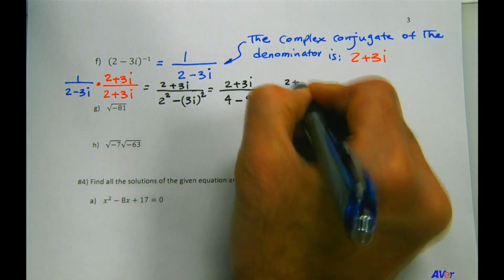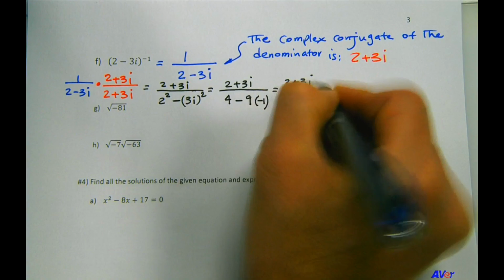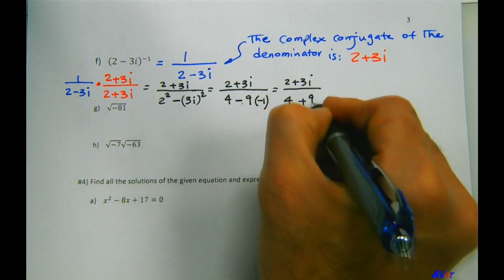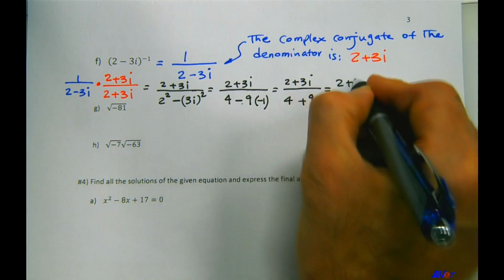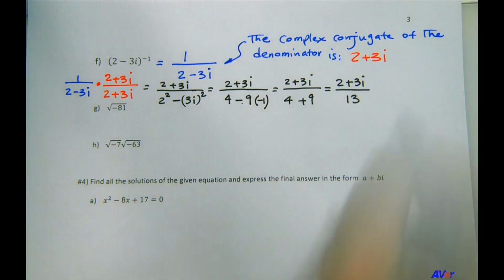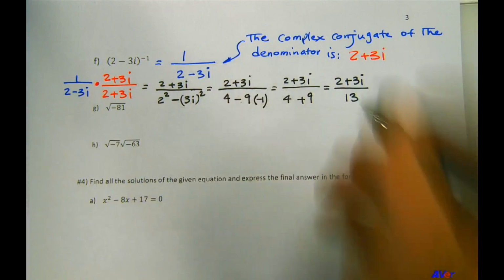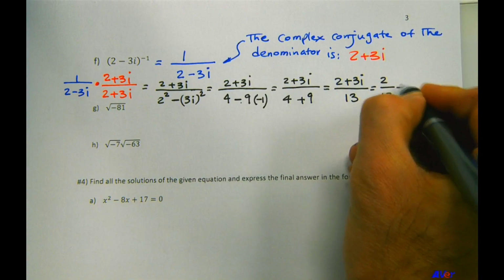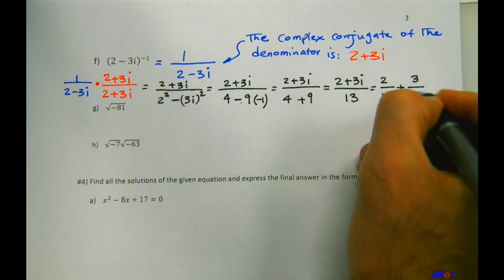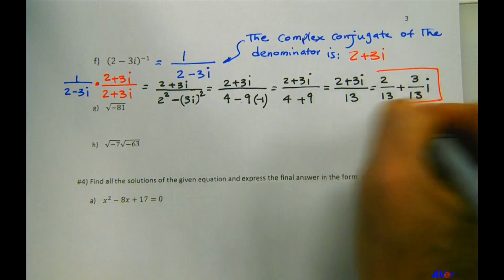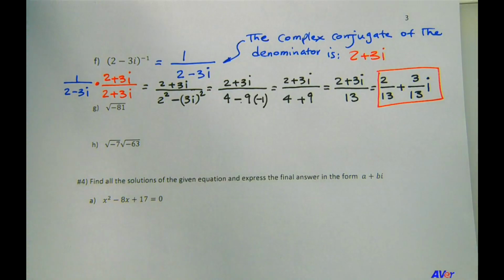We get 2 plus 3i divided by 4 minus 9 times minus 1, positive 9, equals 2 plus 3i over 13. Should we separate this? Yes, they ask us to separate this. So 2 over 13 plus 3 over 13 i. And that's where we stop.